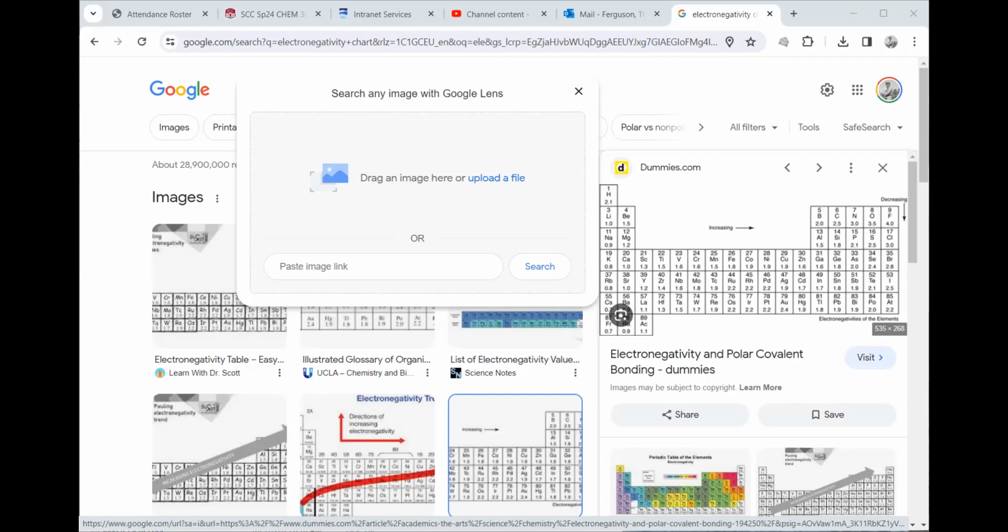It looks like that. This points to the positive and negative side of the bond. So in this situation up here, for example, it would look like that.